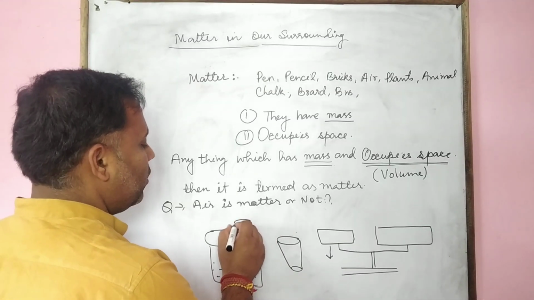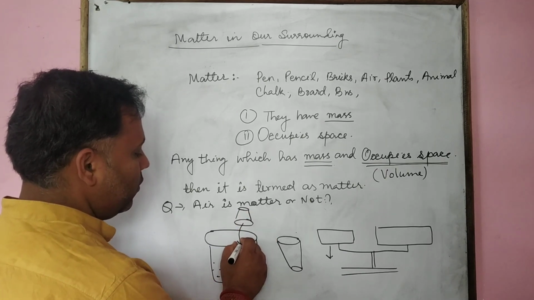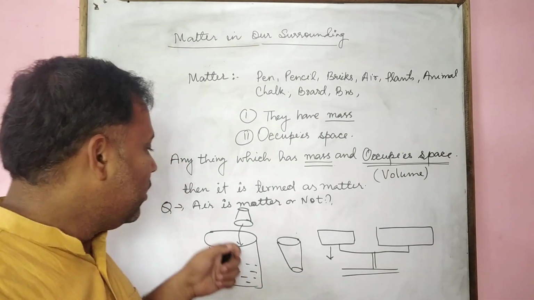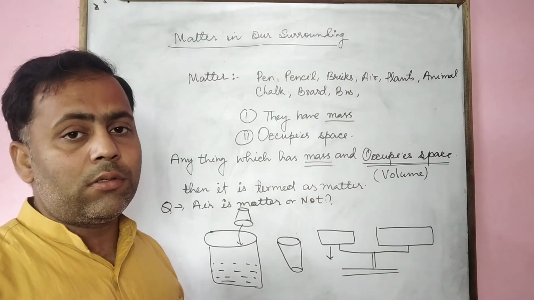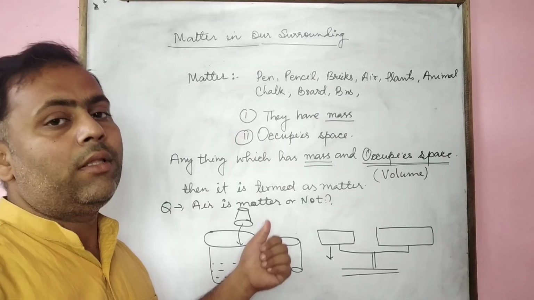By inverting it, we will place it inside the water. By placing it, what we observe is that it is quite difficult to press it inside the water. Why is it so? Because water does not get inside the glass.